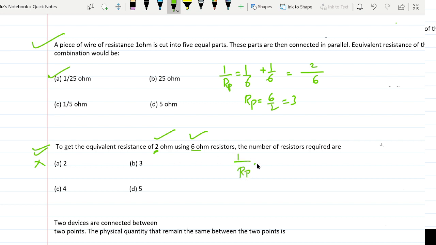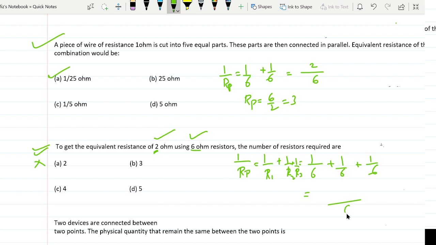So I'll try with the second option here. 1 by Rp is equal to 1 by R1 plus 1 by R2 plus 1 by R3, sorry, 1 by 6 plus 1 by 6 plus 1 by 6.